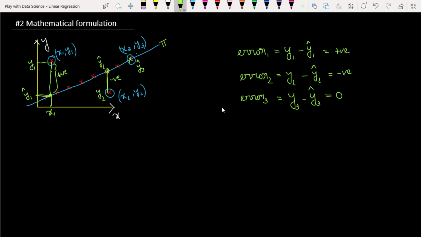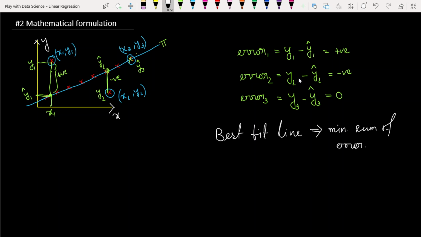If you remember the previous lecture, best fit means we have to minimize the summation of all the errors. Here one error is positive and one is negative.